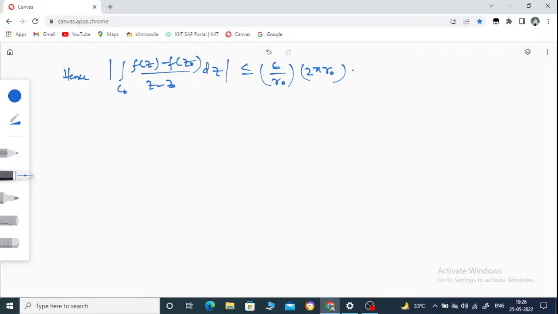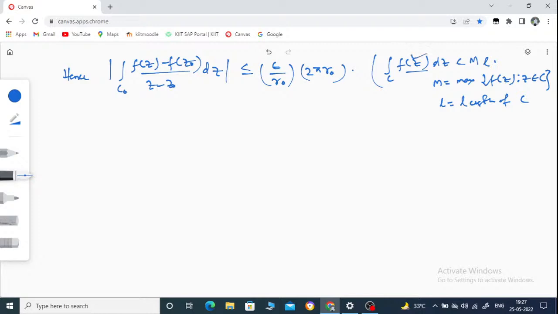Because we already read one theorem: modulus of integration over c of f of z dz is less than m into L, where m is the maximum value of modulus of f of z such that z belongs to C, and L is the length of curve C.